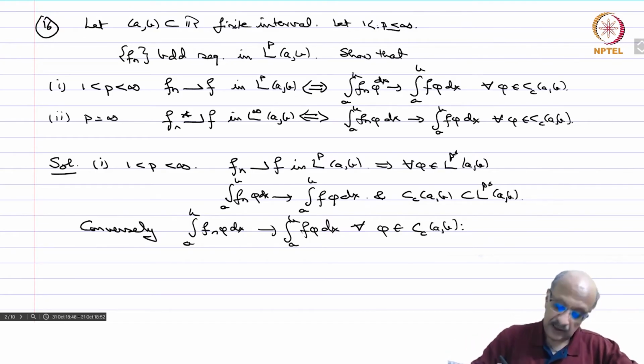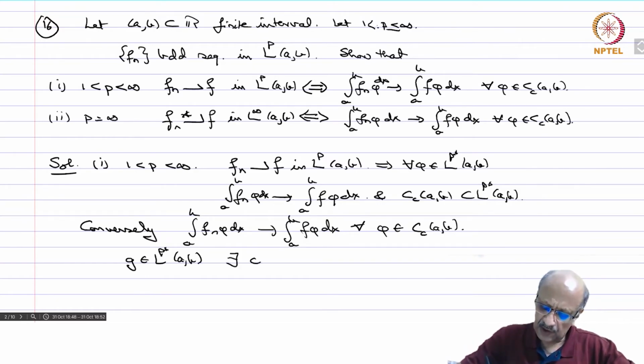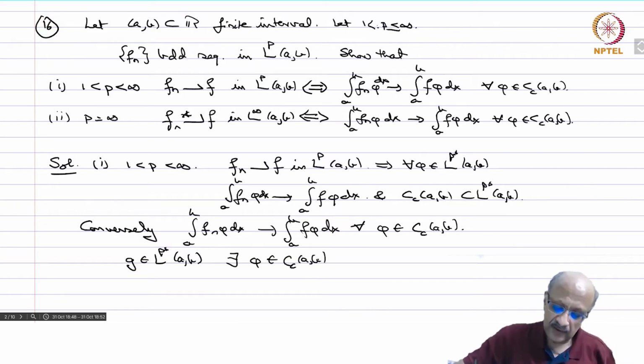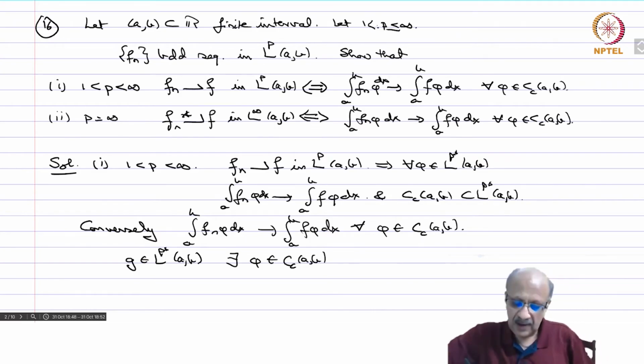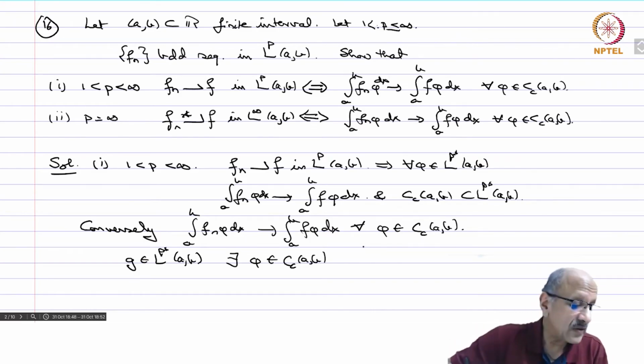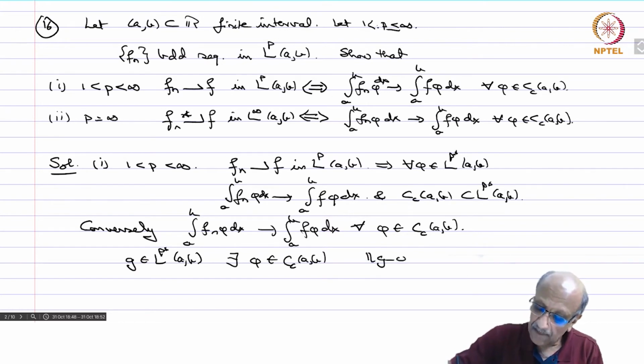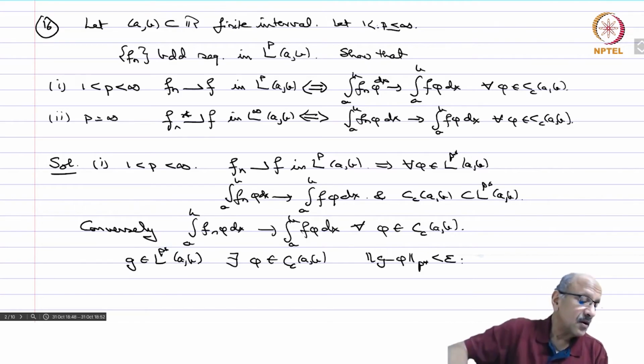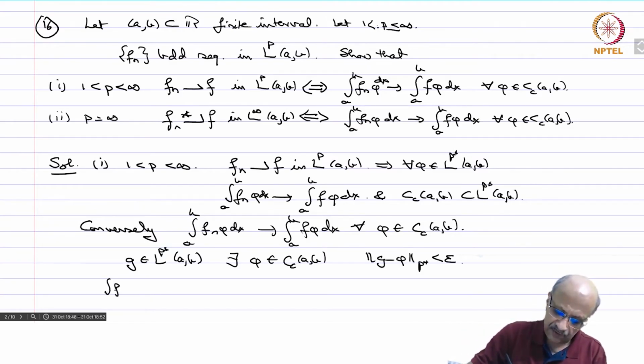Then given any g in Lp star(a, b), there exists phi in C_c(a, b), because 1 is less than p less than infinity, so is p star. C_c is always dense in all these spaces, such that norm g minus phi in p star is less than epsilon.